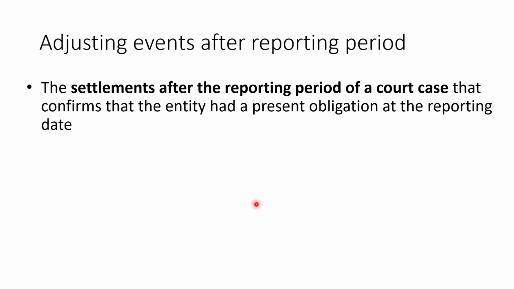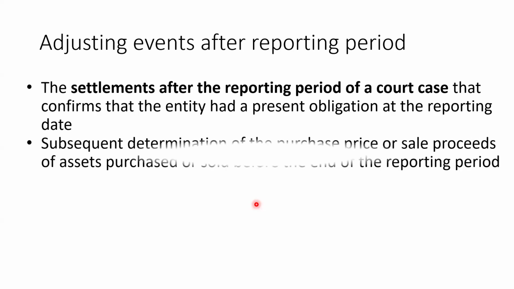So this is the amount involved that probably you have to receive or you have to pay. When that happens, we treat this as an adjusting event after the reporting period. Is that okay? Because probably the litigation started way back in the reporting period.